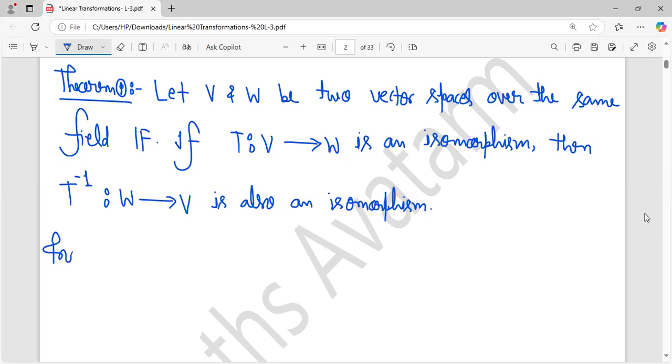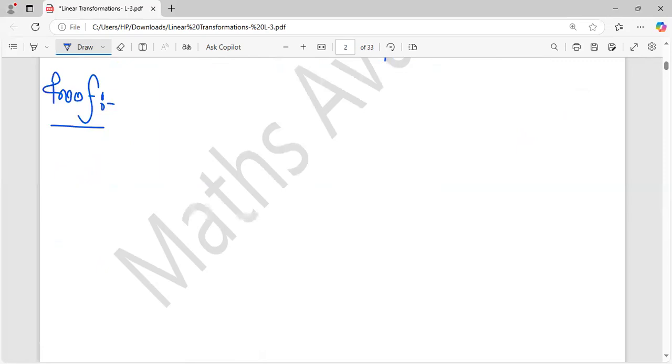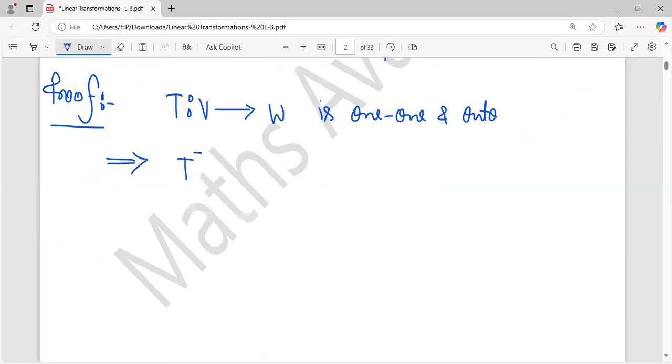Proof. So T from V to W is one-one and onto. So this implies T inverse from W to V is well defined, one-one and onto.